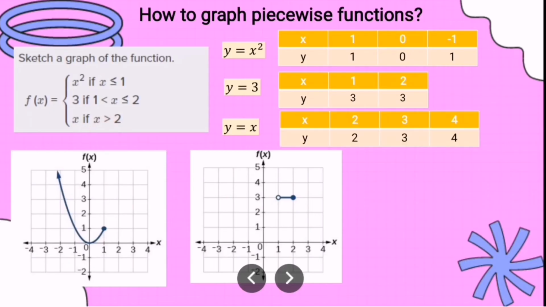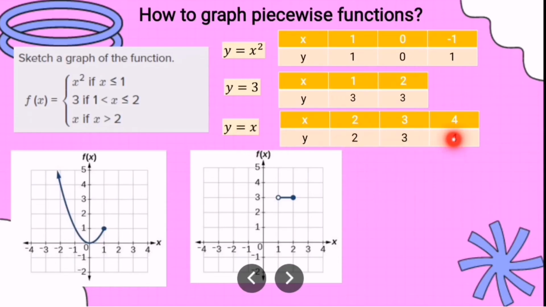Make a table and always include the given, and that is positive 2. Then include another number that is greater than 2. We will take positive 3 and positive 4. When our x is equal to 2, our y is equal to 2. When our x is equal to 3, our value of y equals 3.